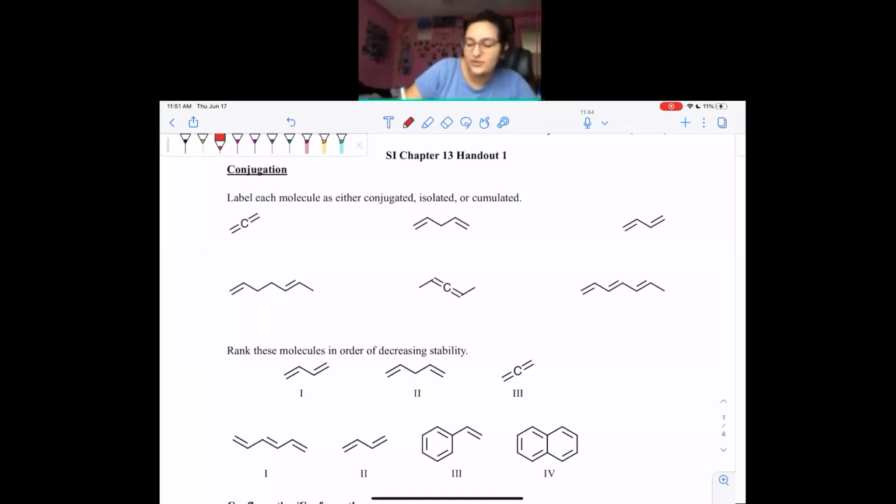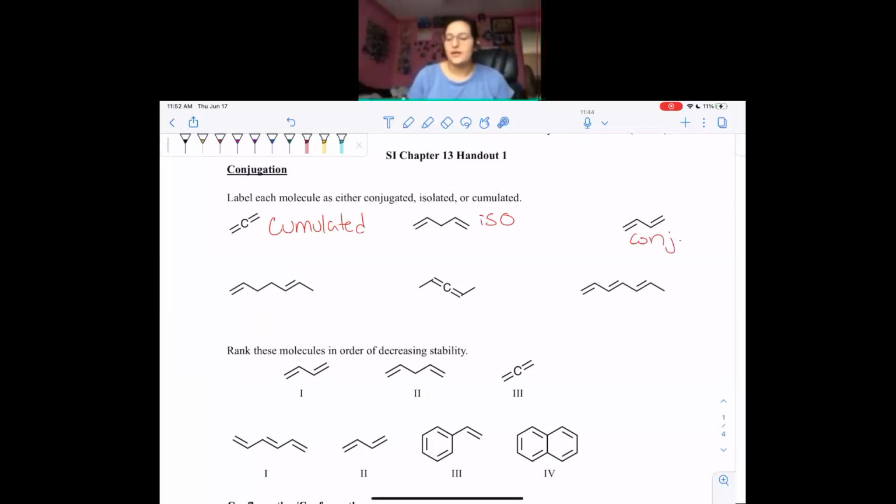This is accumulated. What do we think about this second one? Isolated. And what do we think about this last one? Conjugated. I agree.